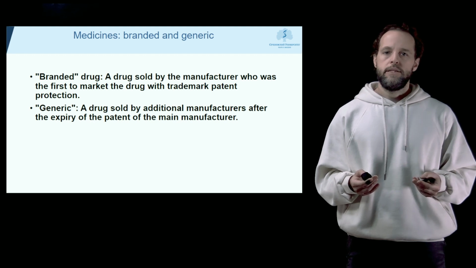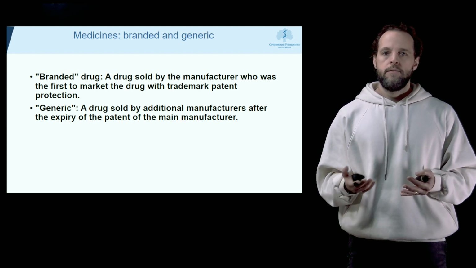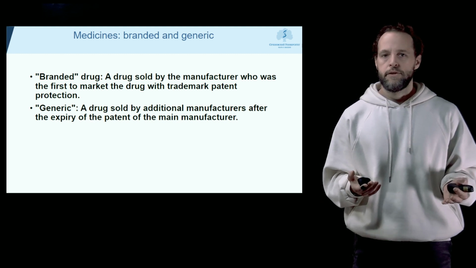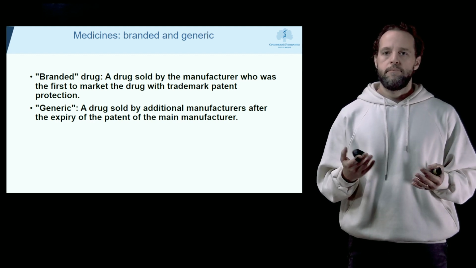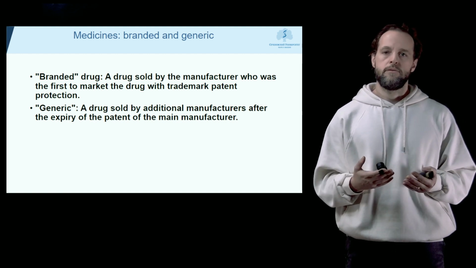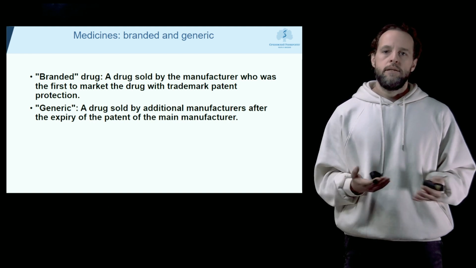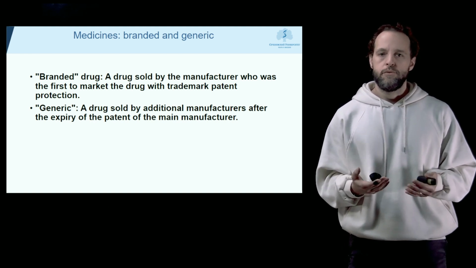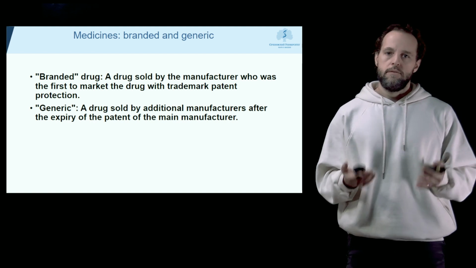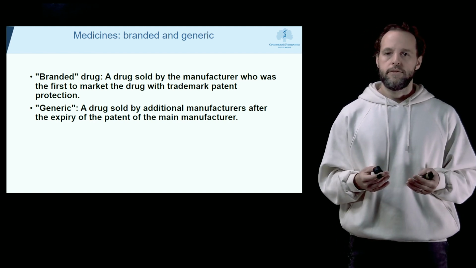And generic drugs are produced by multiple manufacturers after the patent has expired, and this molecule will be open to be produced by each company which will be able to prove that they are able to manufacture this medicine.